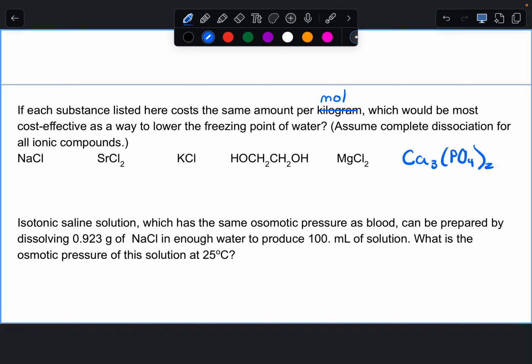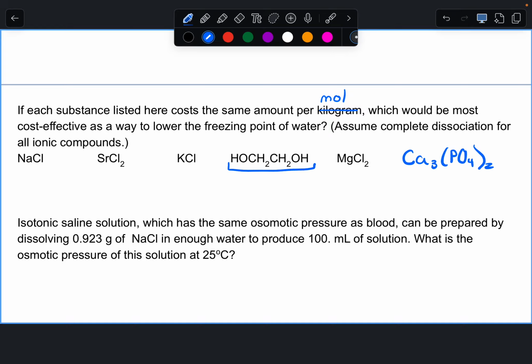So like, what should we throw on the streets in order to get the ice to melt, assuming that they all cost the same? Now, obviously there's things like safety and is it going to mess up the concrete or whatever? But all other things being equal, which one would be the most effective? So we want to look at the I, because the change in freezing point is only dependent on how much stuff there is, so how many moles, and then how many things does it break into.